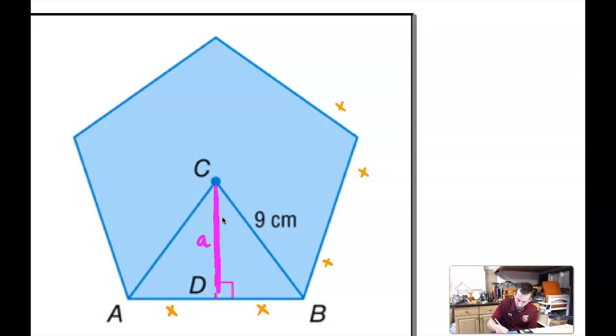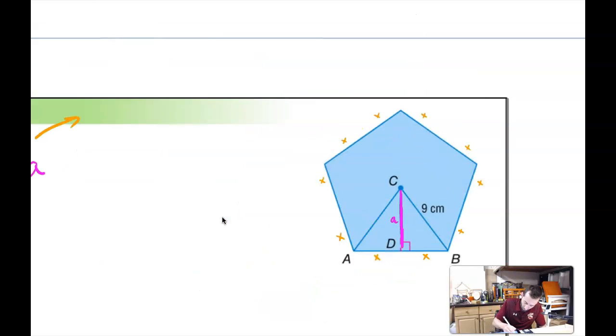It's half of each side. There's 10 of them here. So I have to find X and then multiply it by 10 really to get the perimeter, okay? So the perimeter, I'll just make a note here, is equal to 10X in this case. All right. If it was a hexagon, it would be 12X. If it was an octagon, it would be 16X because it's 2 for each side.